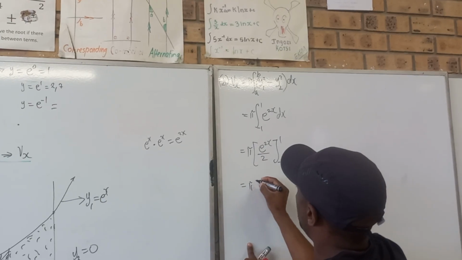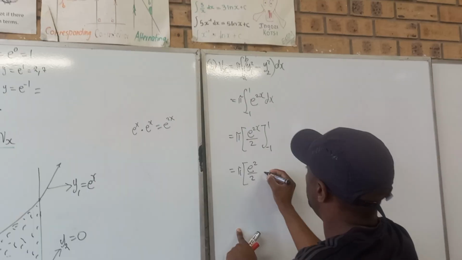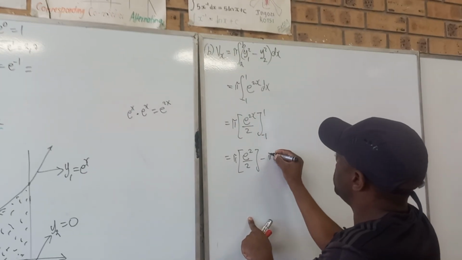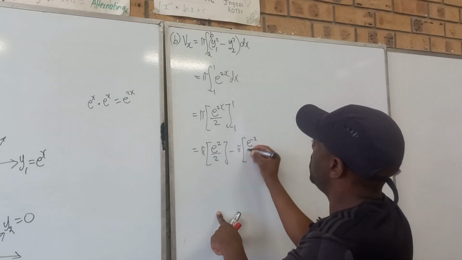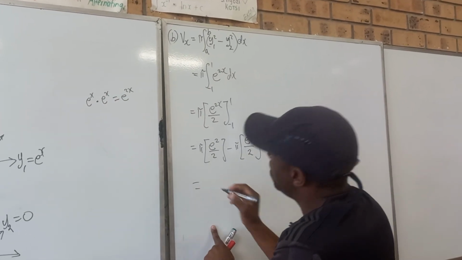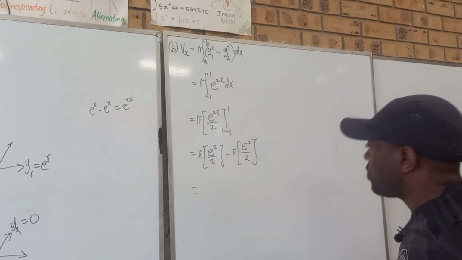Then you substitute your limits. You get e to the power 2 over 2, then minus, you repeat the process, e to the power -2 over 2. Then you can go to the calculator to check what is happening.